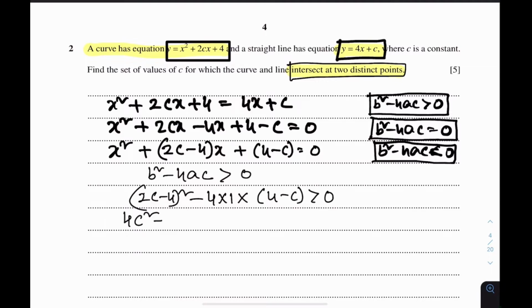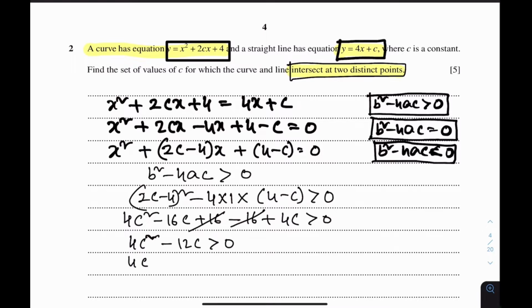So 4c squared minus 16c plus 16 minus 16 plus 4c greater than 0. The 16s cancel, and if we simplify, 4c squared minus 12c greater than 0. We can write 4c as a common factor: 4c(c minus 3) greater than 0.